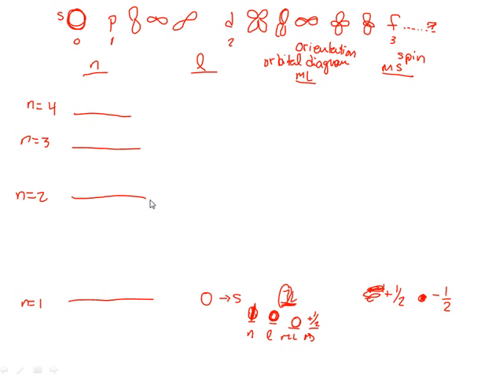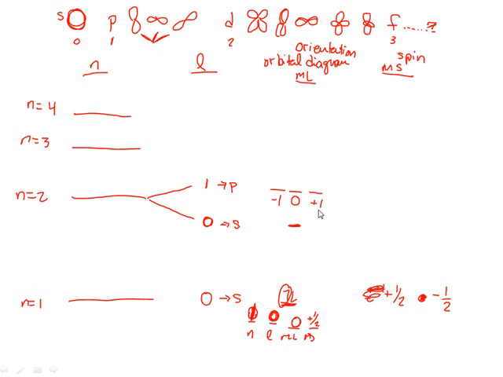Alright, when we go to the next energy level, it splits. We have a 0 and then a 1. So the 0 is an s orbital, so we have 1 orbital in our s, and 1 is p, and p's come in sets of 3. So we have 3 orbitals with 3 different orientations, and we number them, putting the middle one as 0, and then it's like a number line, -1, 0, and +1.